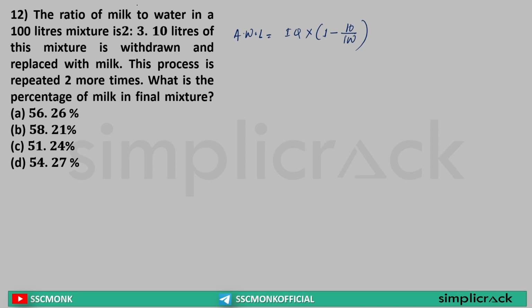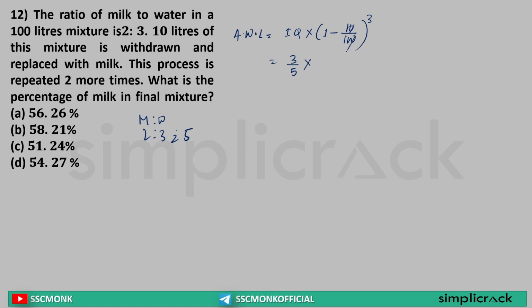The ratio of milk to water was 2 is to 3. So total is 5. So initial quantity of water is 3 by 5.